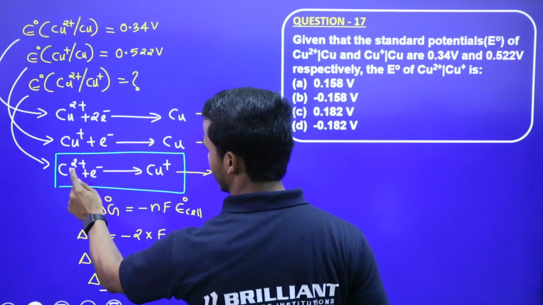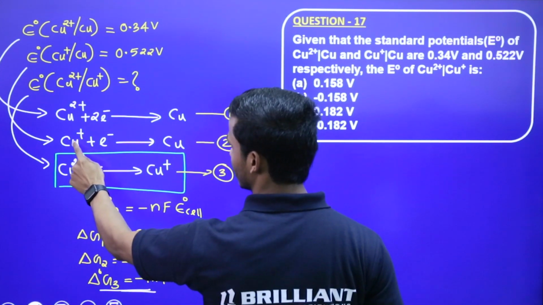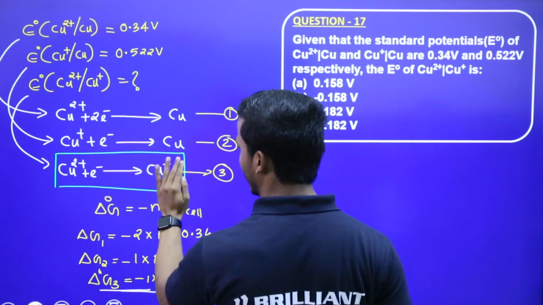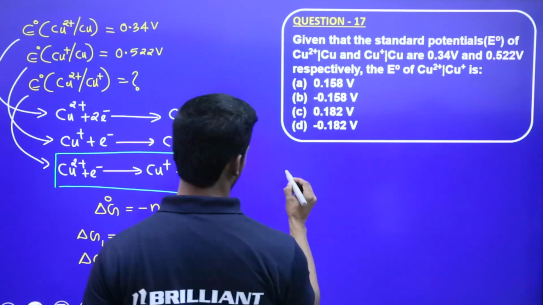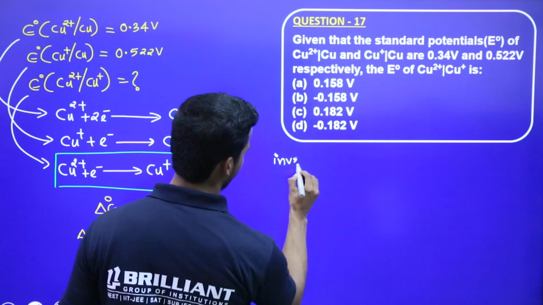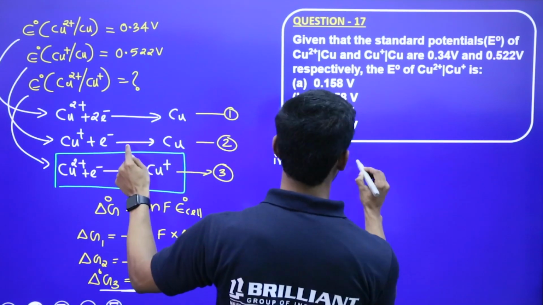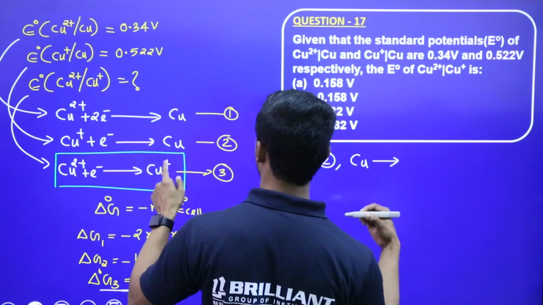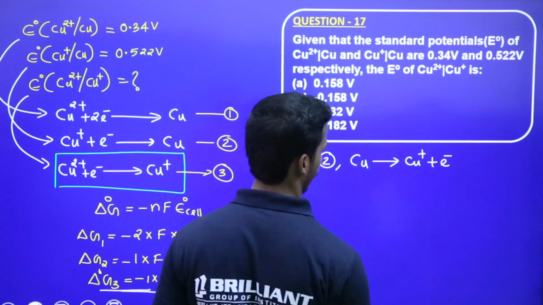See, in the first equation, Cu2+ is there. Here we need Cu+ on the right side, but in the second equation it is on the left side. We can inverse the second equation. Inversing means it becomes Cu changes to Cu+ plus 1 electron, right?